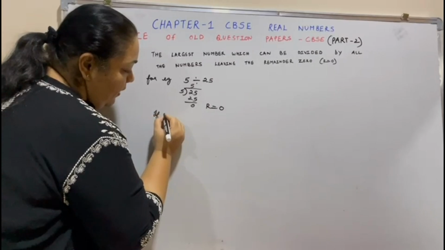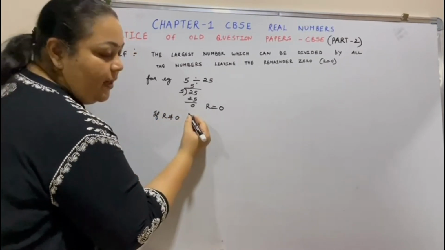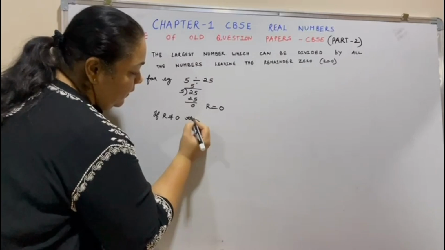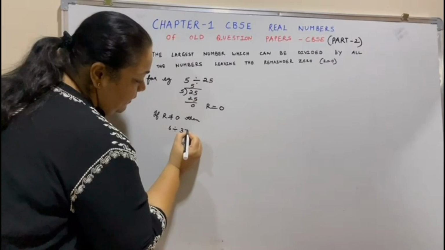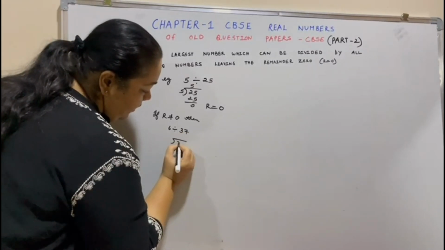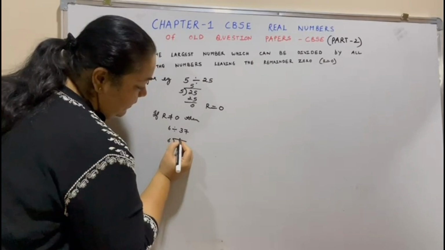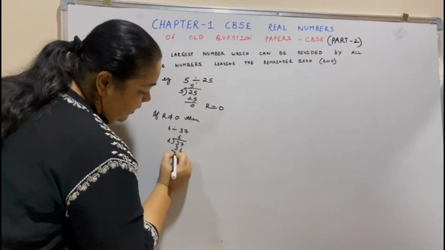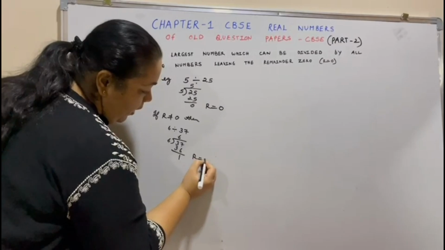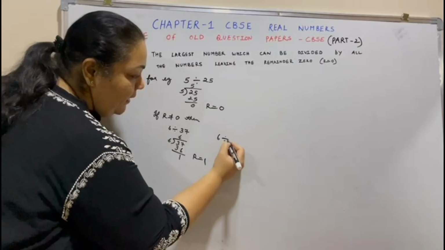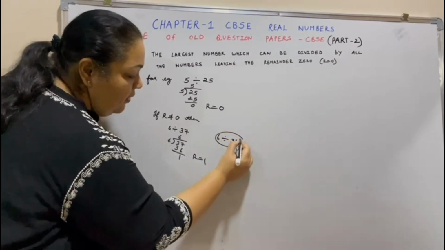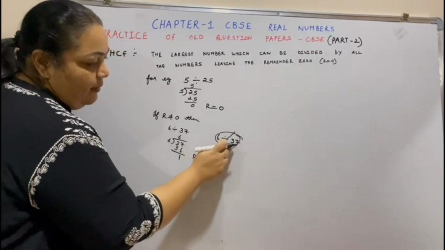Supposing R is not equal to 0, then what will you do? Suppose, for example, 37 divided by 6. 6 6s are 36, so here the remainder is equal to 1. So 6 cannot completely divide 37.